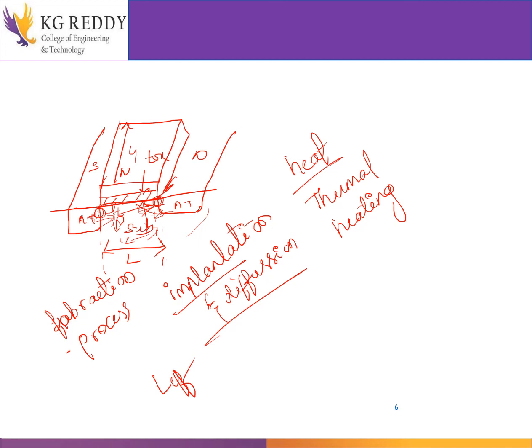So while we are deriving, we usually use this effective length. Rather than using this length, we use this effective length. I hope you understood for what purpose we are taking these dimensions, and further we will be deriving the characteristics using them.